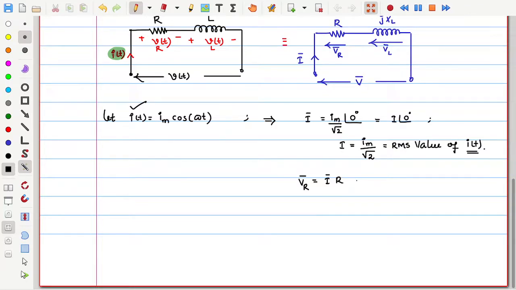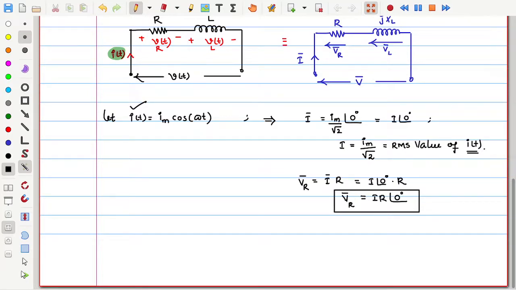So this we can write further, I meaning I bar, in phasor form. I bar can be written as I at an angle 0, into R, which can be written simply as IR at an angle of 0. This is the voltage across the resistor phasor, whose magnitude is I into R, where I is the RMS value of the current, into the resistance.